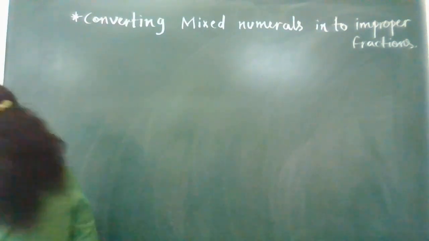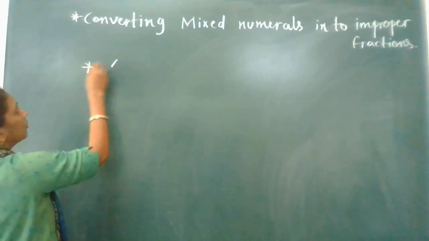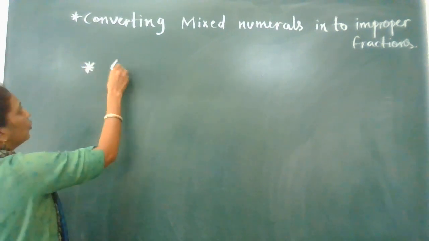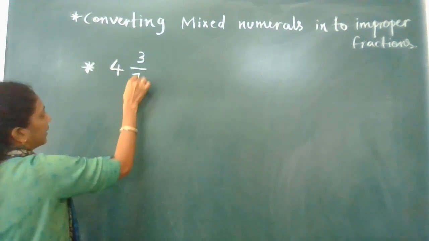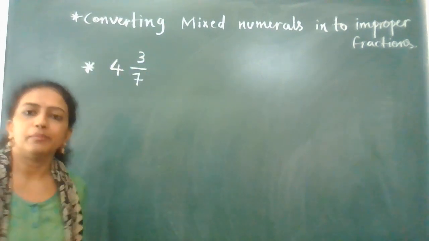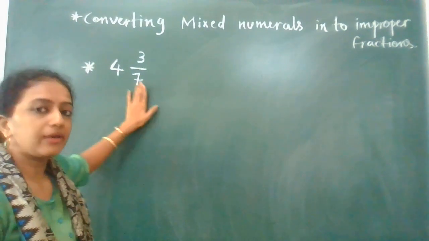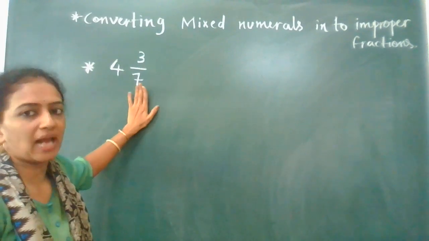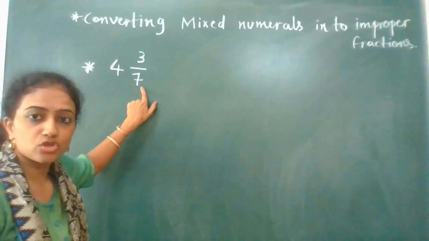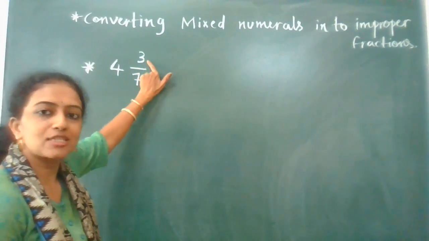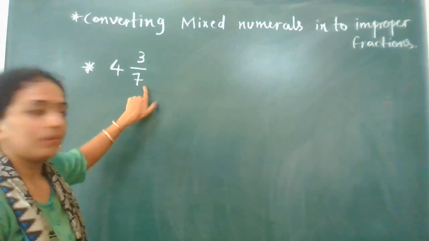Suppose you are given one mixed numeral, 4 whole 3 upon 7. Always remember, a mixed numeral is a combination of a whole number and a part, and a part means a fraction. Now this fraction is always a proper fraction. You can see the numerator is smaller than the denominator.